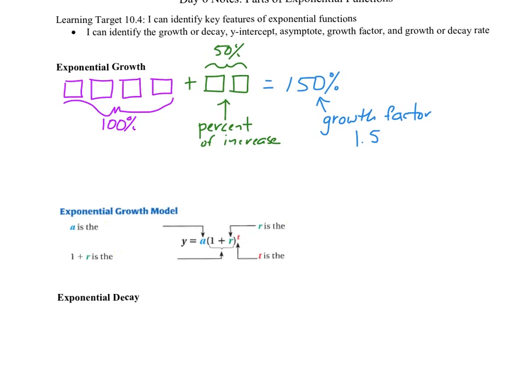Unfortunately, I just realized my colors don't quite match stuff above, but A is our initial amount. We talked about the other day that it's our starting value or y-intercept.